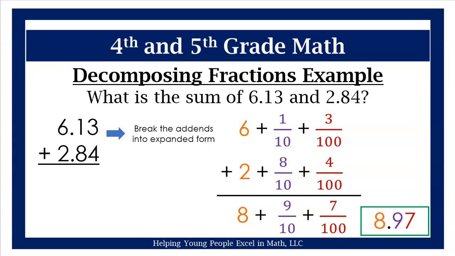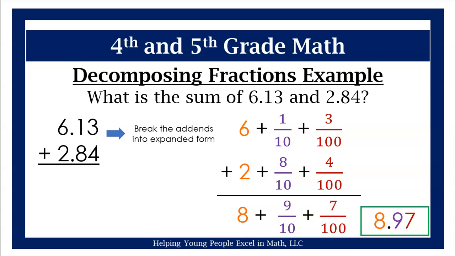Now let's move to our tenths place. We have 1 over 10 plus 8 over 10. Again, since our denominators are the same, all we need to do is add our numerators together. We are not adding our denominators together, okay? 1 plus 8 is equal to 9.